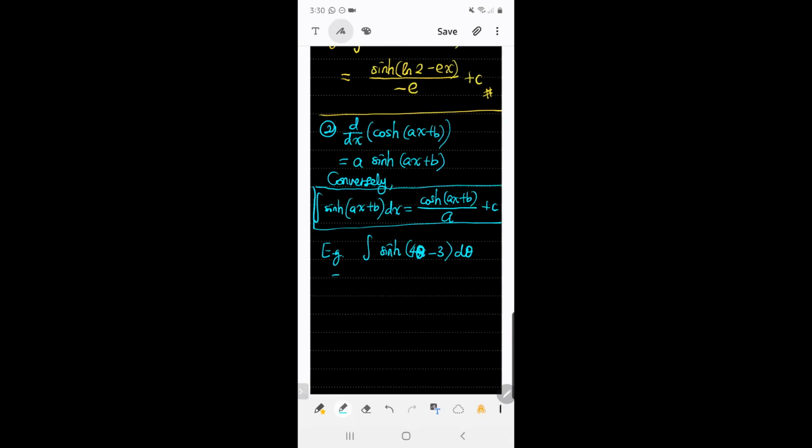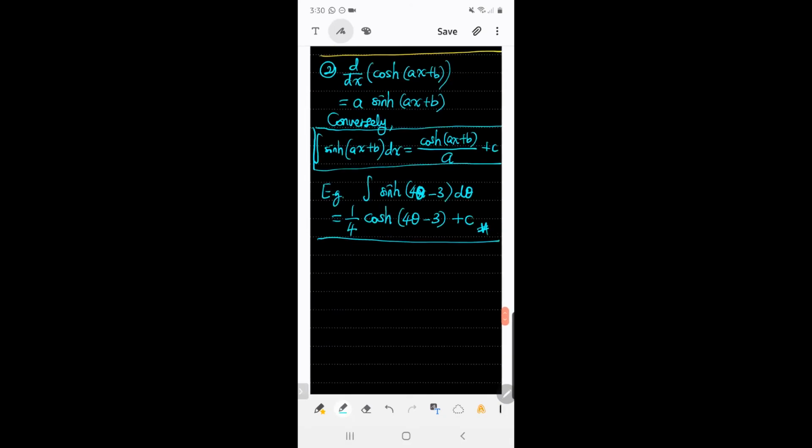That would give you equals to, remember you have 1 over a. So 1 over a in this case is 1 over 4, because the coefficient of θ is 4. So 1 over 4, then you integrate sine, you get cos. So you have cos(4θ - 3) plus c. So that's how you get the result by using the standard formula.